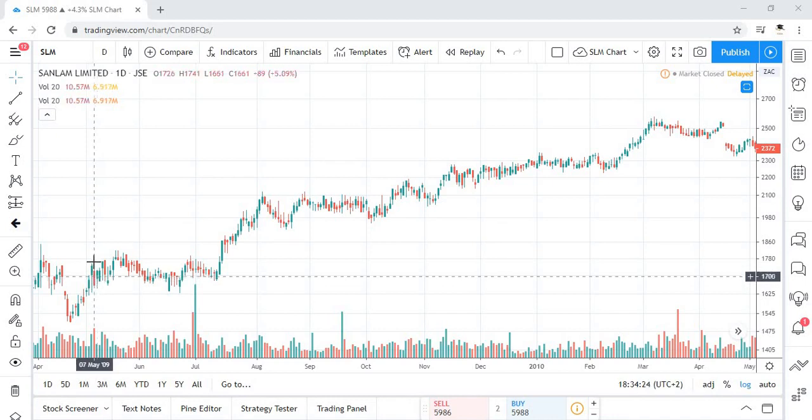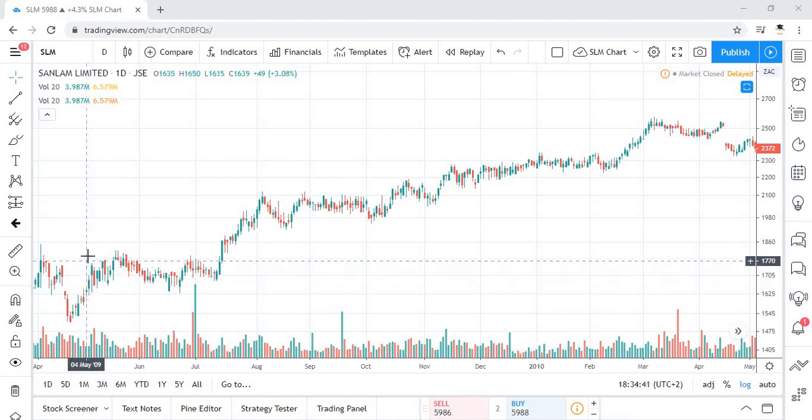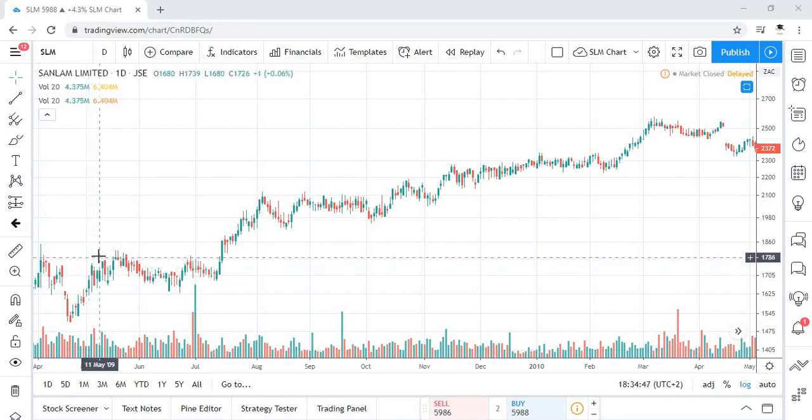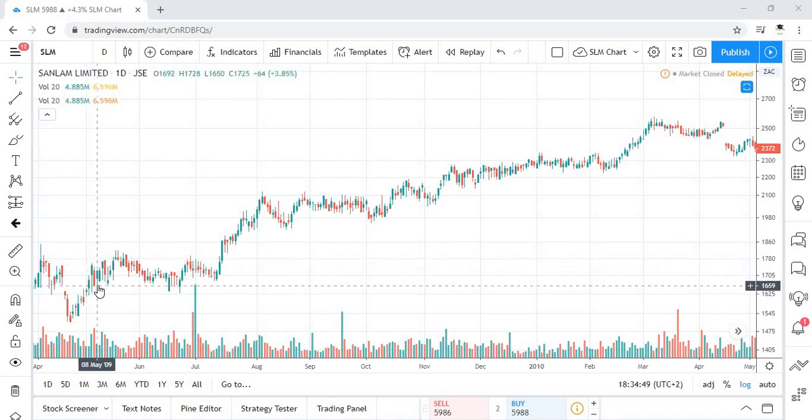And the price was moving up towards this point here, where the price was 17 rand 86. On the lower side, the price was going towards 16 rand 77. So that's a difference of about 1 rand. So the share was moving around these 2 points, the difference which was only 1 rand.